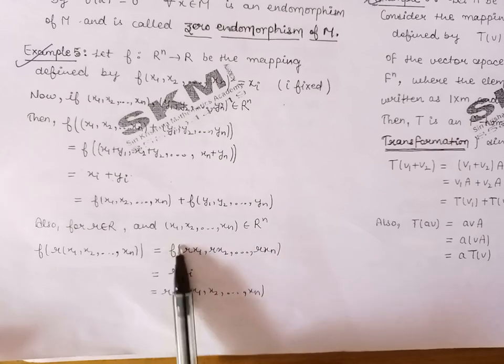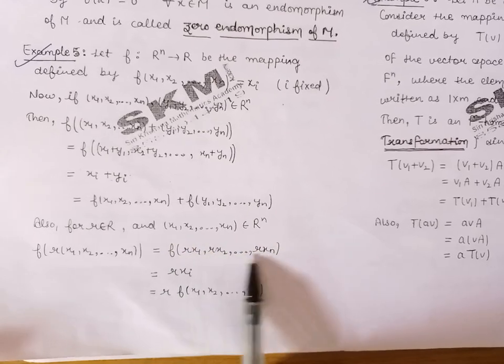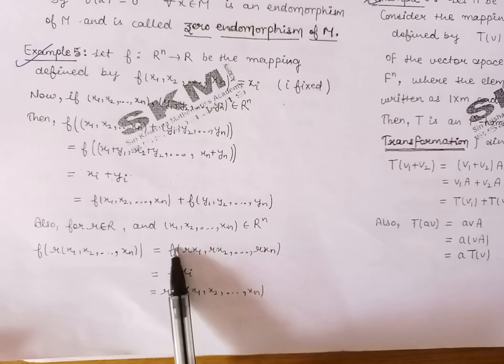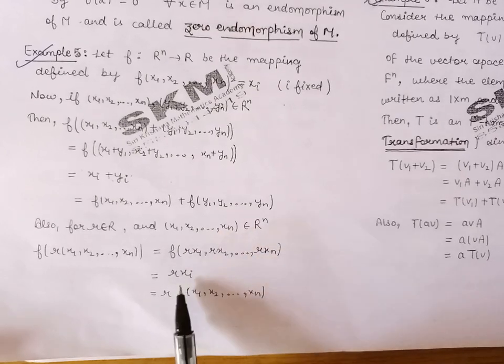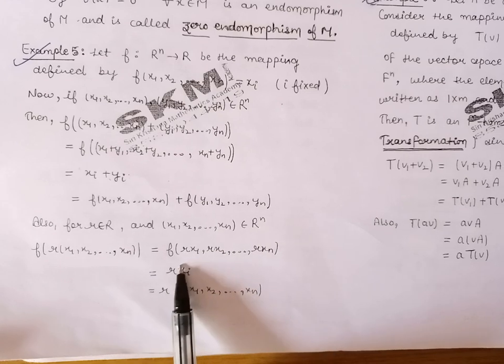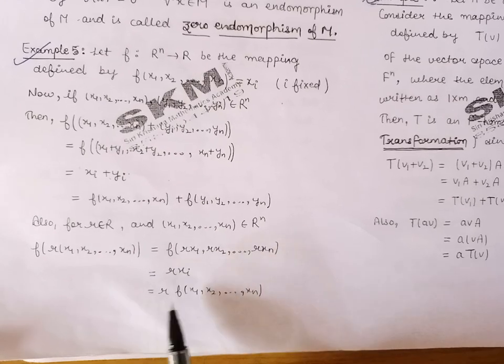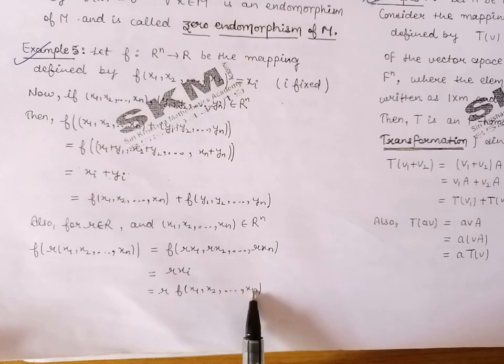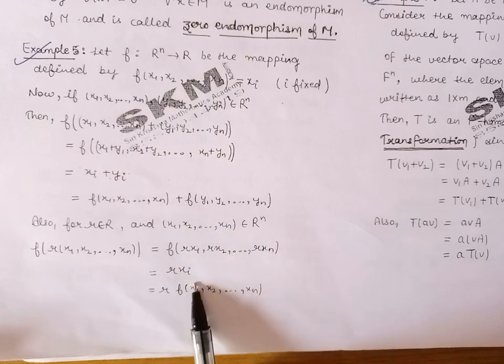And by definition of f, the image of this vector is its ith component, which is rxi. Putting the value of xi, xi is the image of the vector having the coordinates x1, x2, x3 up to xn. So these two conditions are satisfied.